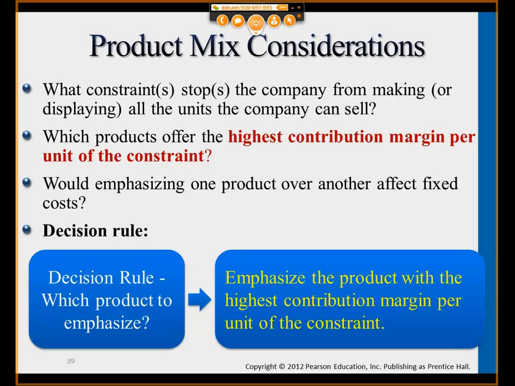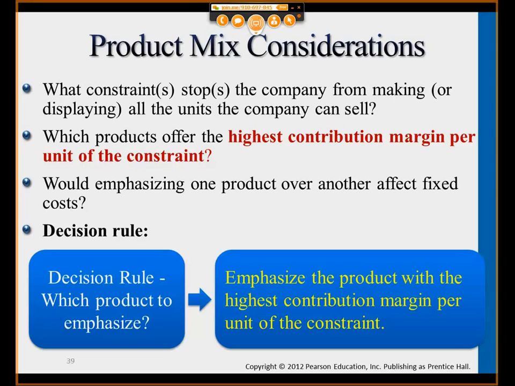Another one, would emphasizing one product over another affect fixed costs? So all these questions are important to answer before we make a decision. So what is the decision rule? Which product do we emphasize? Emphasize the product with the highest contribution margin per unit of the constraint. So all of this talk about the constraint turned out to be quite important, right?